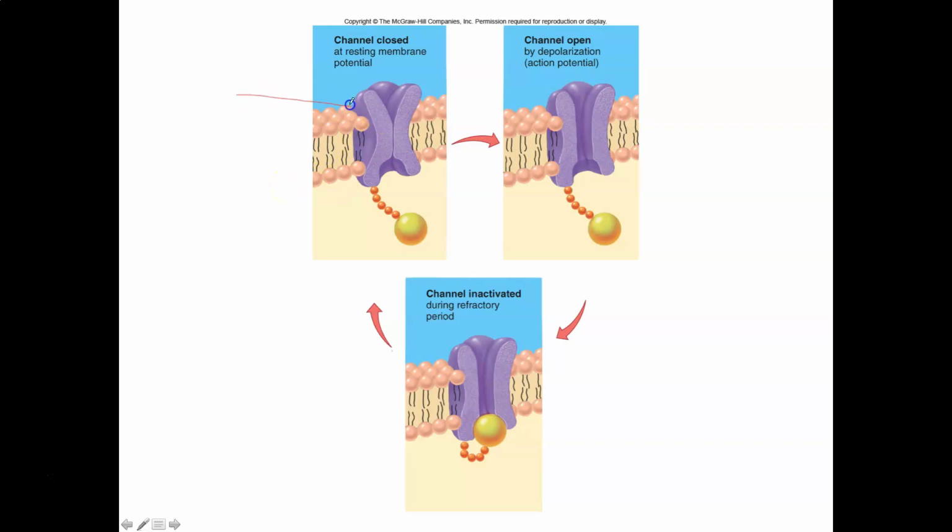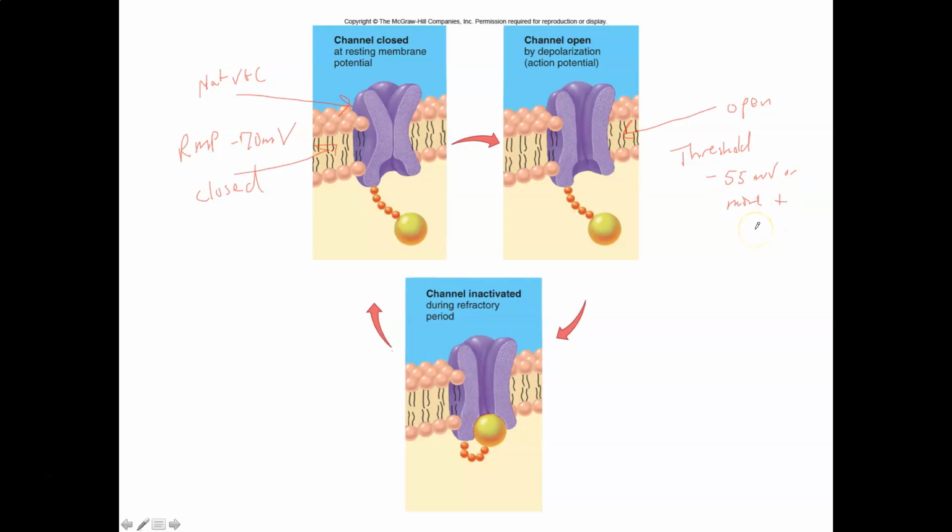So if this is a sodium voltage-gated channel, at resting membrane potential, negative 70 millivolts, we see that the channel is closed. In order for it to open, you have to reach threshold. Negative 55 millivolts or more positive.